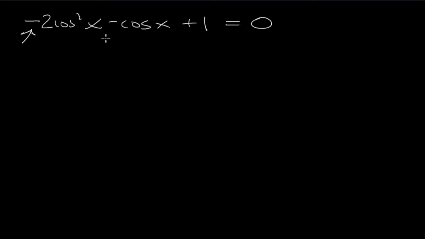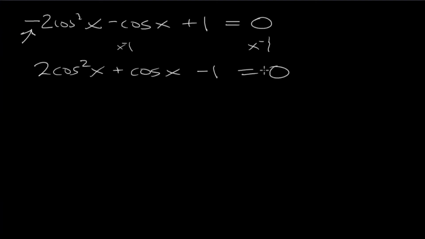And so I think I would just multiply everything by negative 1. So if I multiply by negative 1 on both sides, then I'm going to have 2 cosine squared of x plus cosine of x minus 1 equals 0. So I'm going to rewrite this problem.